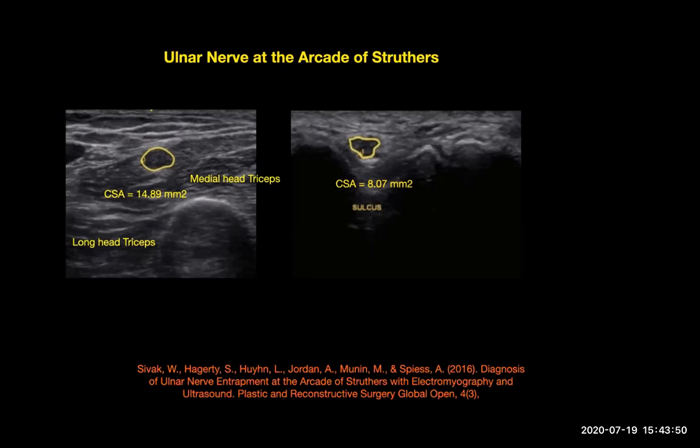So this one, just like the median nerve in the carpal tunnel, has always been debated as to the normal value. Some people would say 7, some people would say 8. So it's always best to compare the right and the left.